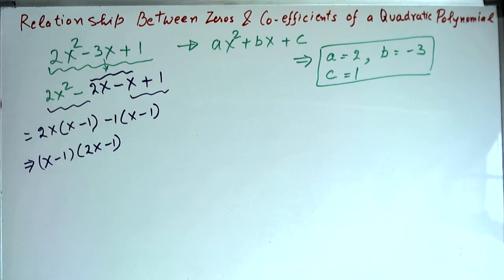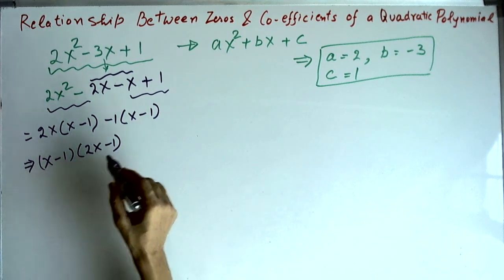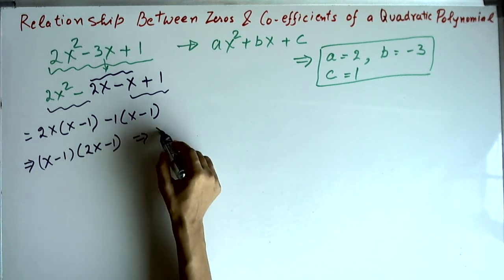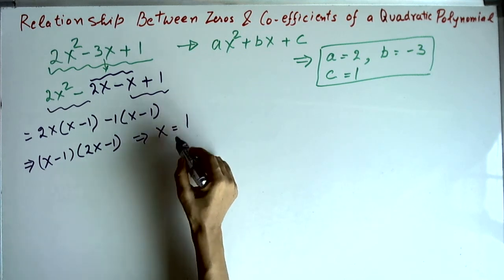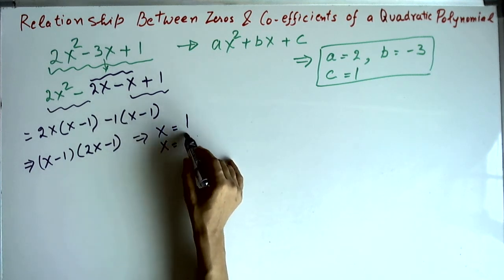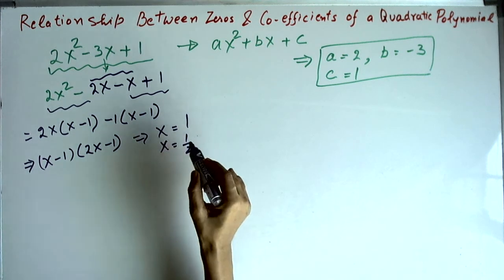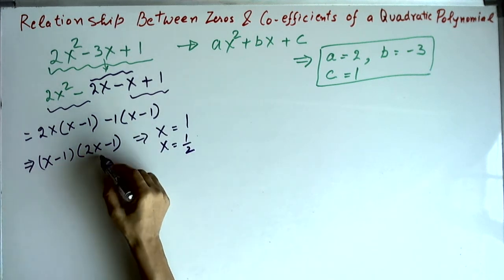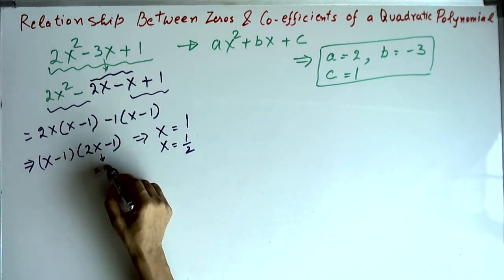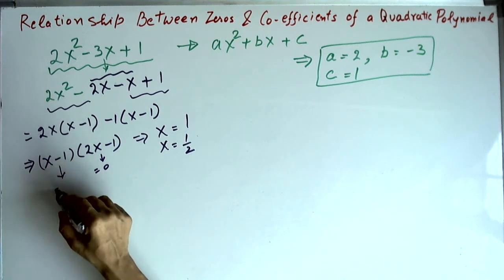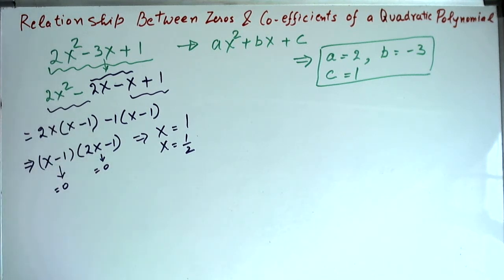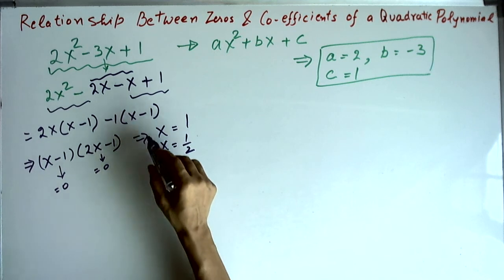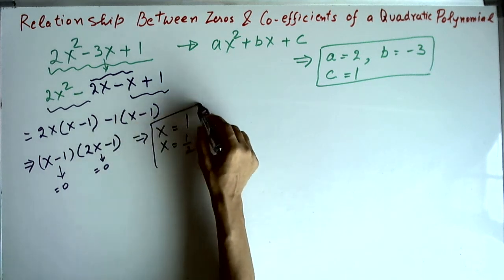So now what are the zeros of this polynomial? The zeros of the polynomial are x = 1 and x = 1/2, because this is equal to 0 and this is also equal to 0. So when we equate the factors to 0, we get the zeros of the polynomial.